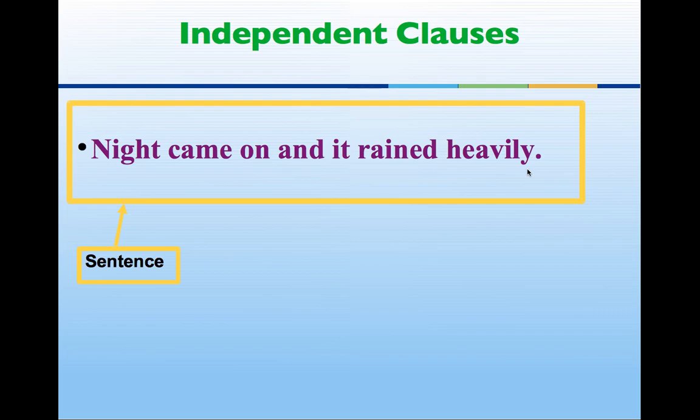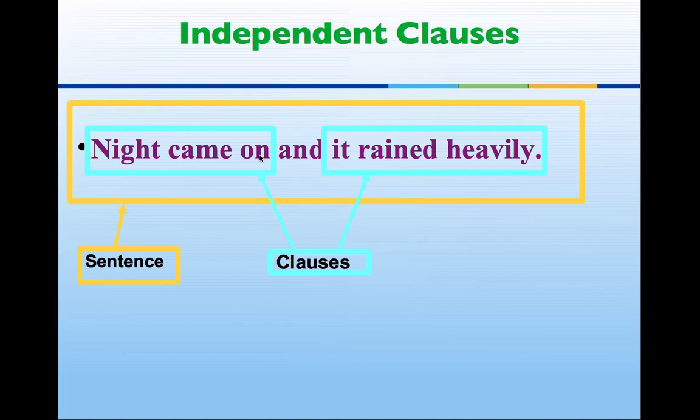This sentence has two parts. Night came on is one part of the sentence and it rained heavily is the other part. Whatever is inside the big brown rectangle is a sentence, and whatever is inside the blue rectangles is a clause. So both of these parts are known as clauses.